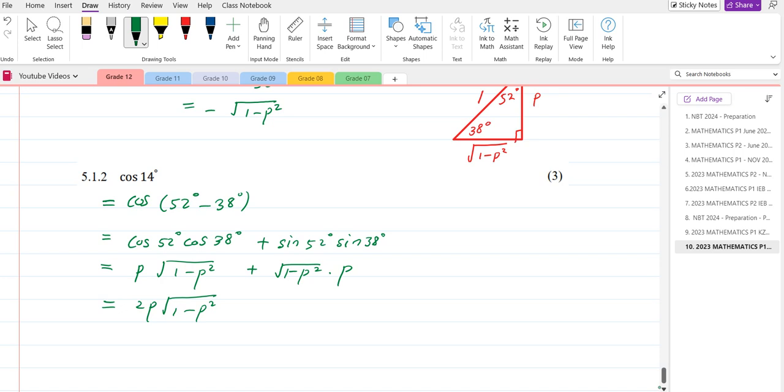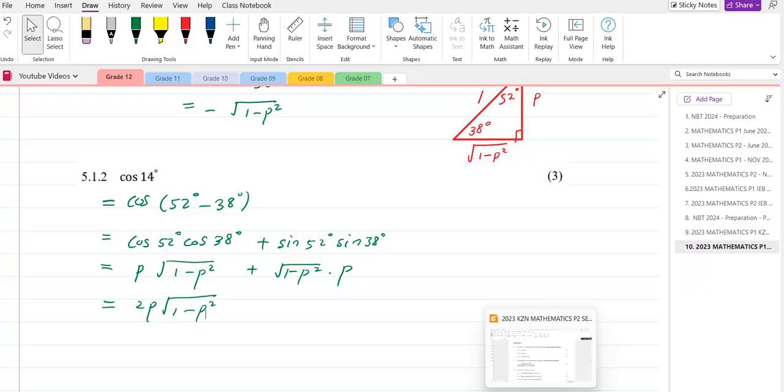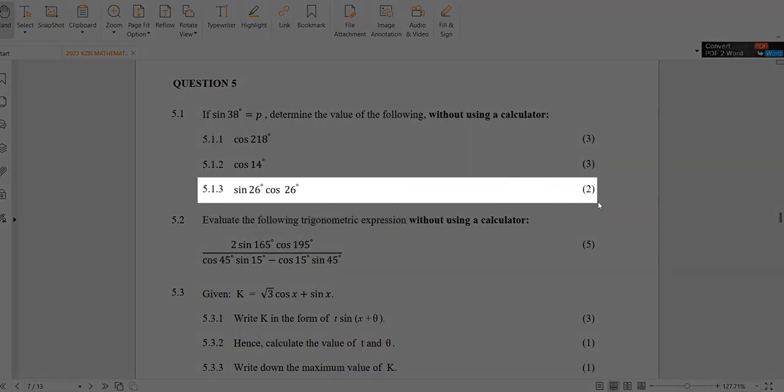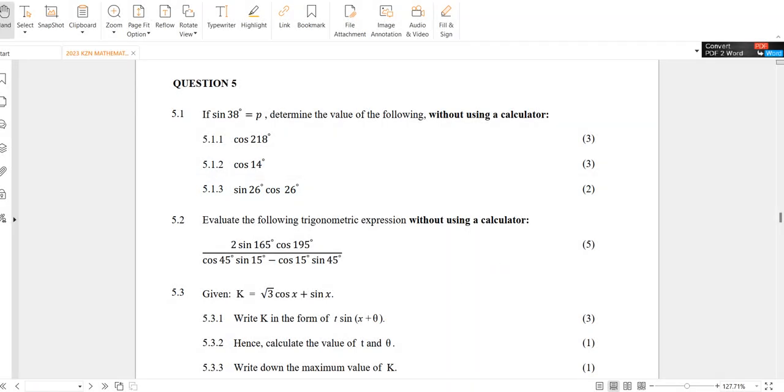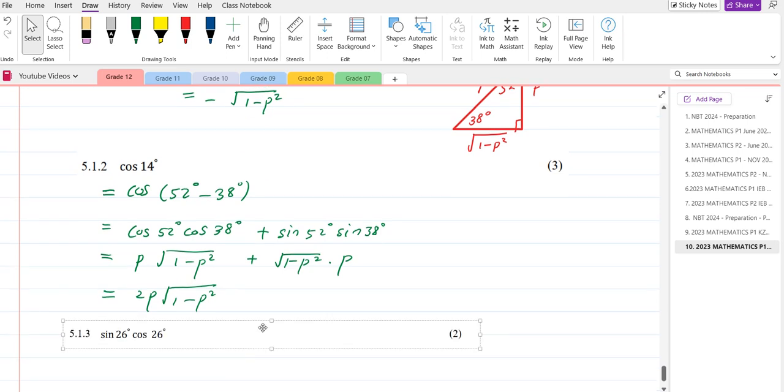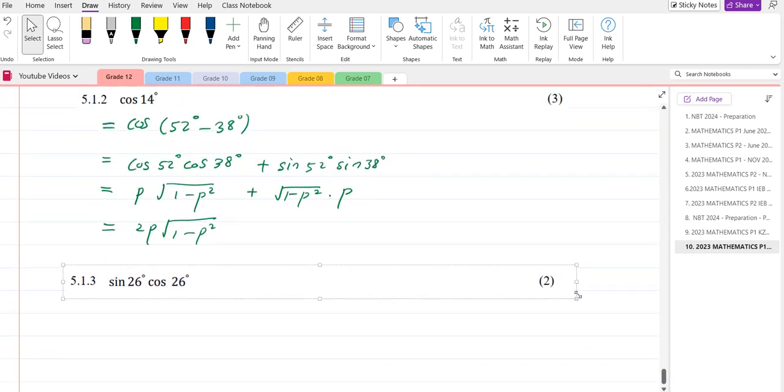Now moving on to the next problem, which is based on the same triangle. We got sine 26, cos 26. Now because you have sine 26 and cos 26, it looks like a double angle with the 2 missing, right? So 2 sine theta cos theta, so it looks like there's a 2 missing here.